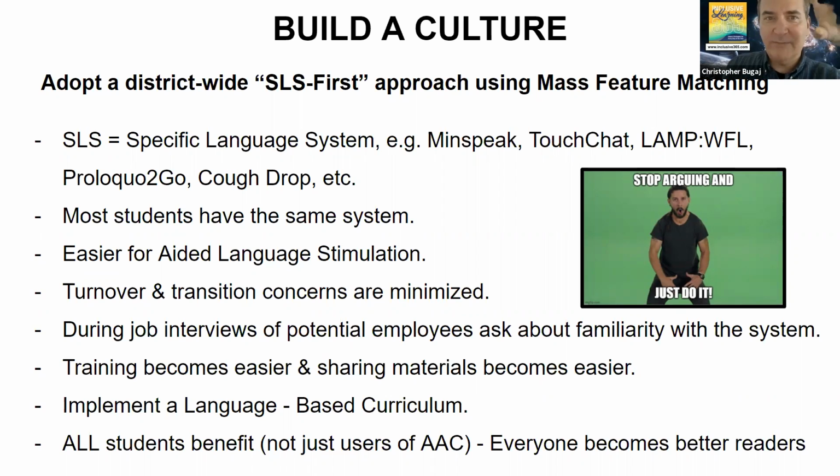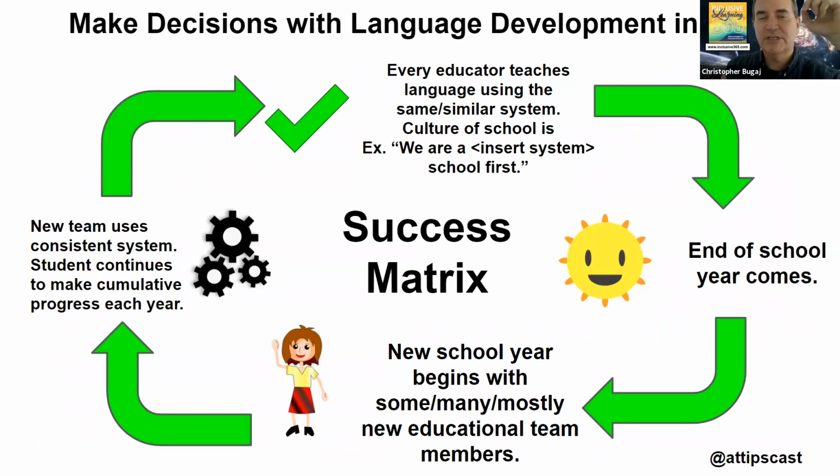So I'll leave you with this thought: building a culture around AAC, learning language with AAC, can be a lot easier if you adopt a specific language system first approach. You can get to this success matrix where now you're not changing a system every year. You're embedded in one system mostly, not exclusively.